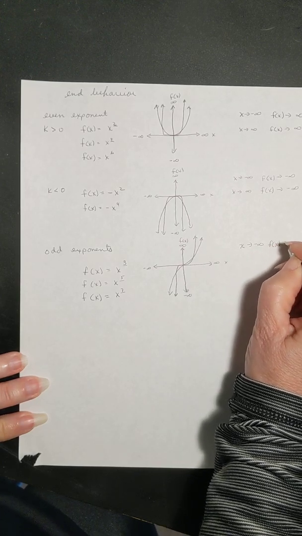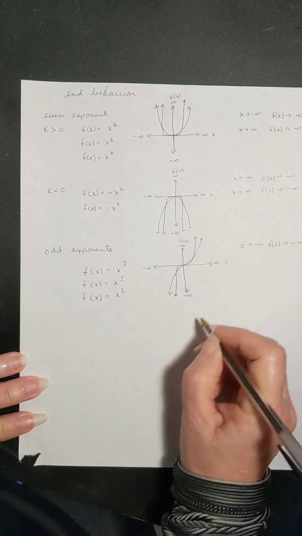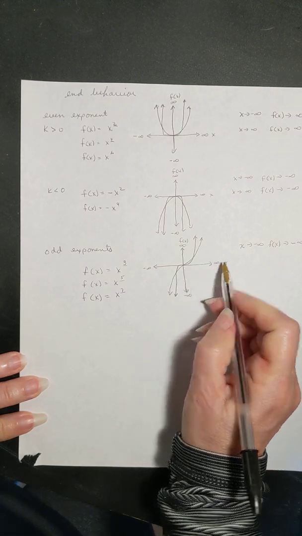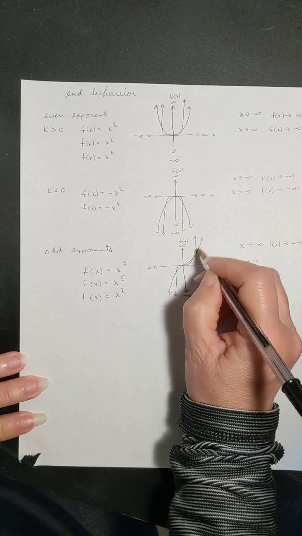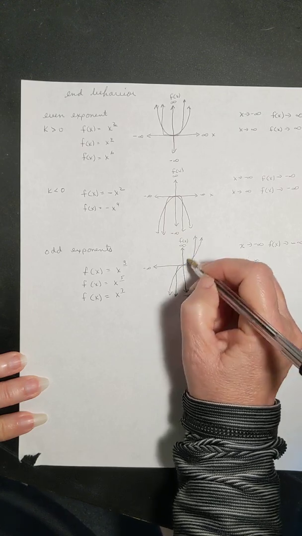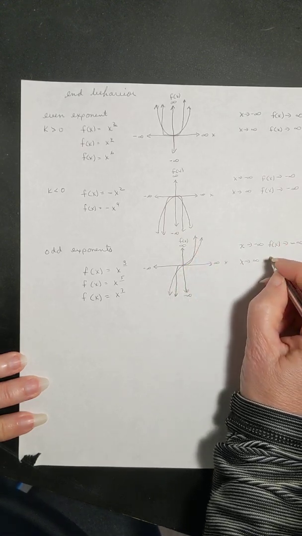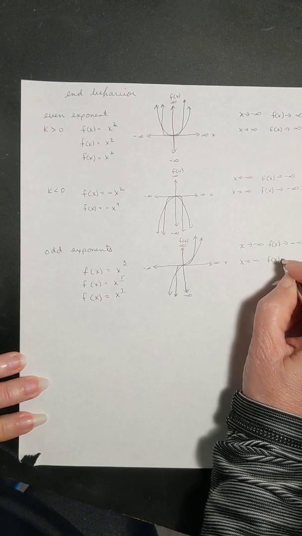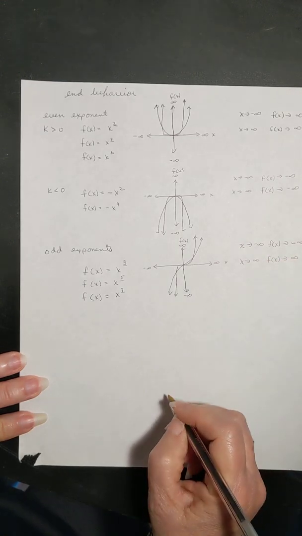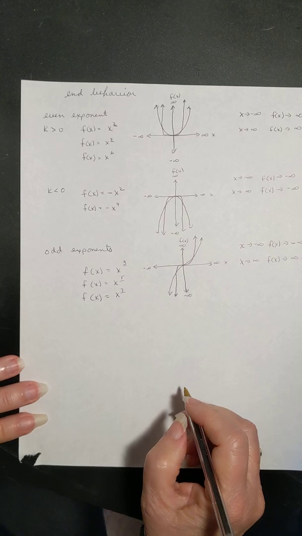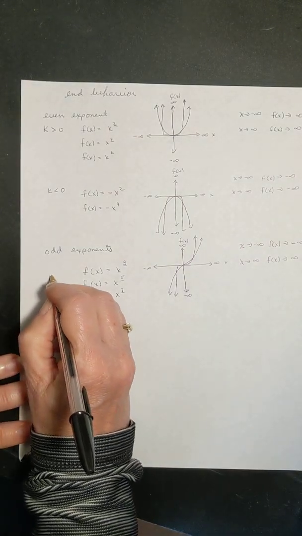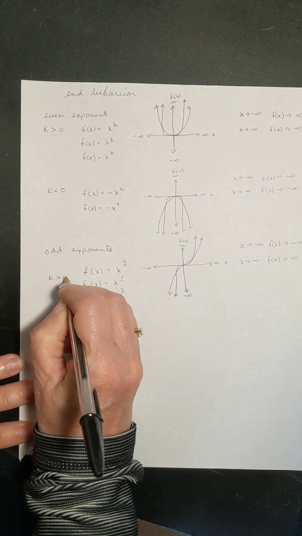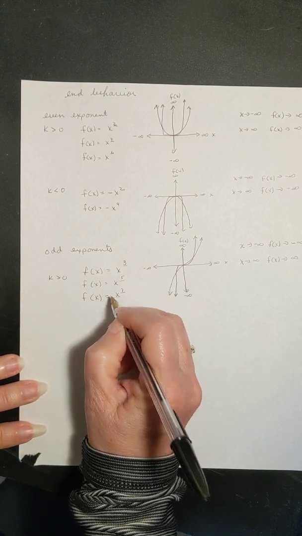So f of x goes towards negative infinity. When x goes towards positive infinity, then notice that f of x is going up. And so f of x is approaching infinity.